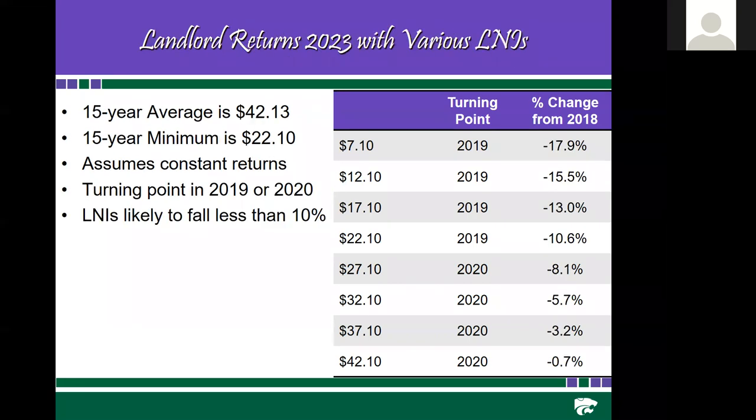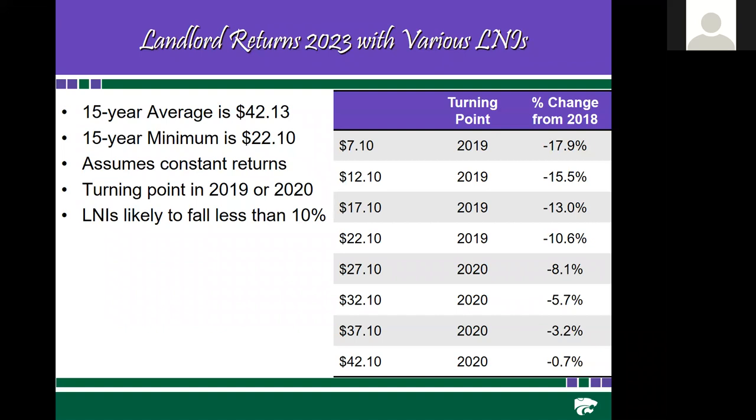Then the next thing looking at this is, let's look at what would happen in 2023 with these various returns. And so if I end up having a return of 2210, the turning point will be 2019, and essentially in 2023, the LNI would be about 11% less than it is in 2018.